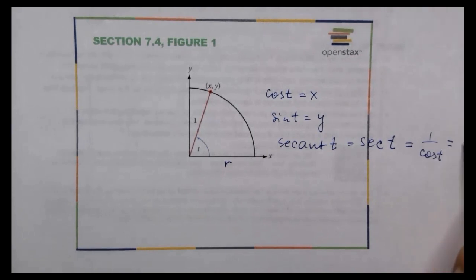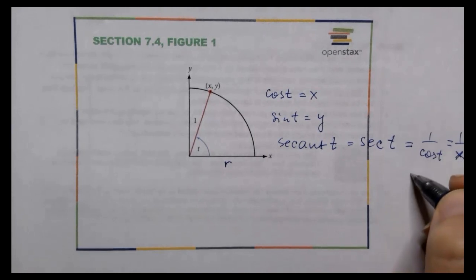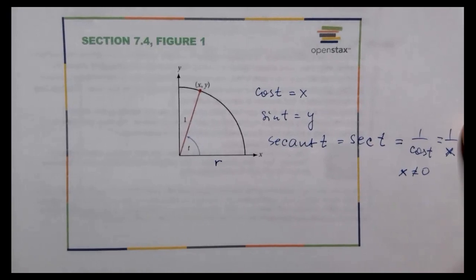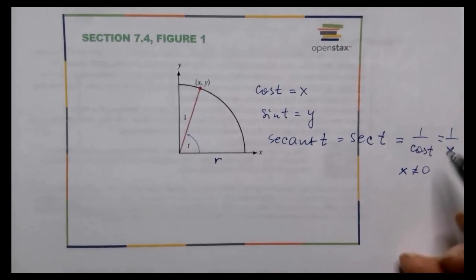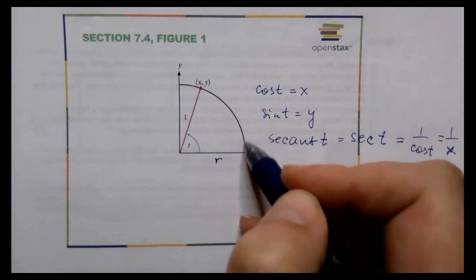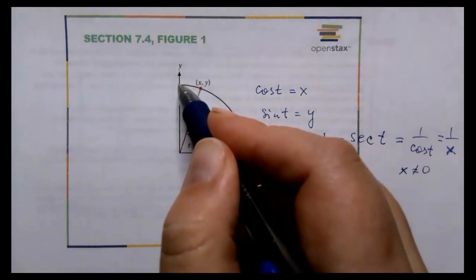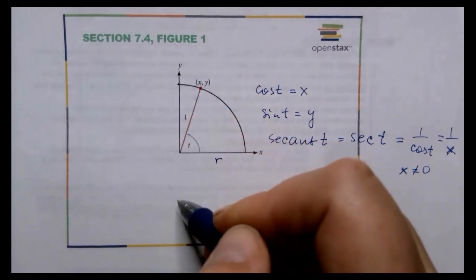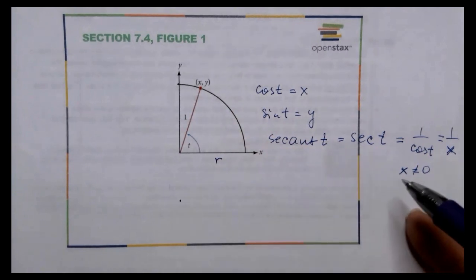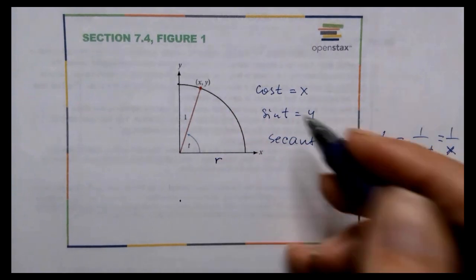So basically 1 divided by x, and of course we cannot divide by 0, so x should not equal 0. What this leads us to is the conclusion that secant is not defined where the x coordinate equals 0. And when does that happen? At pi over 2, and also 3 pi over 2. So for those angles, secant t is not defined.